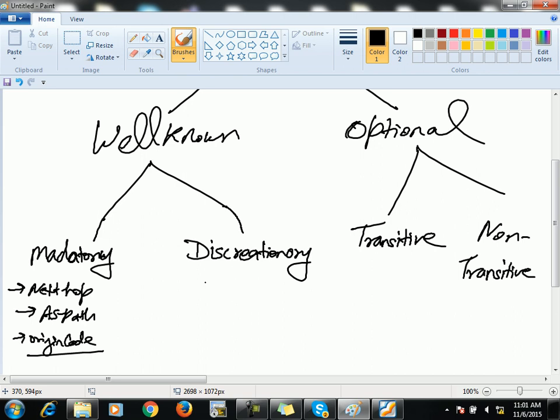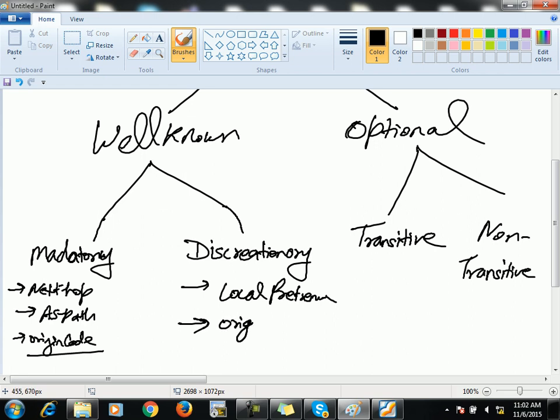Then under discretionary we are having, like, local preference, and I think we are also having originator ID.